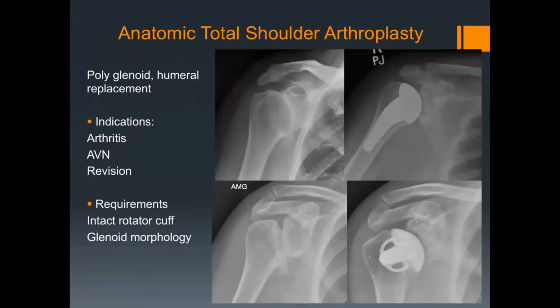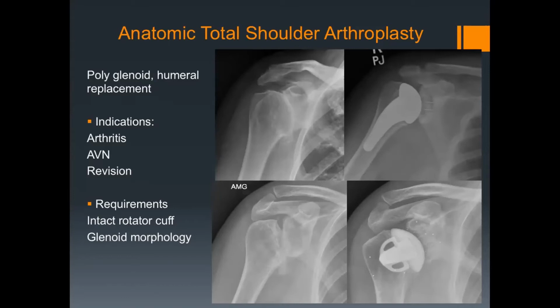So in anatomic total shoulder arthroplasty, you tend to have a polyethylene glenoid component and a humeral replacement, which is similar to the hemiarthroplasty. The main indications for this are arthritis on both sides of the joint, avascular necrosis with secondary degenerative arthritis, or you can use these to revise hemiarthroplasties that have failed.